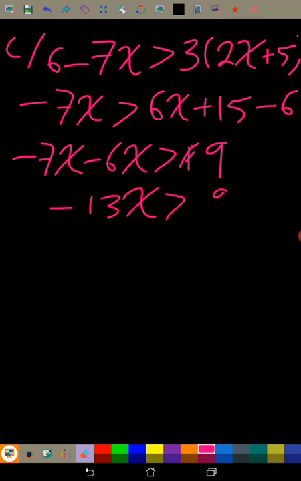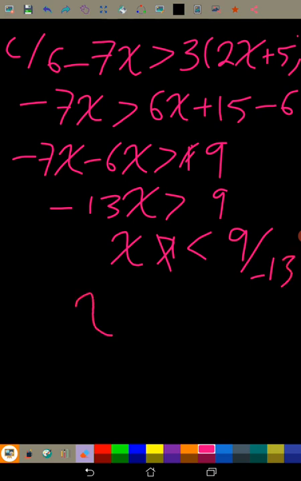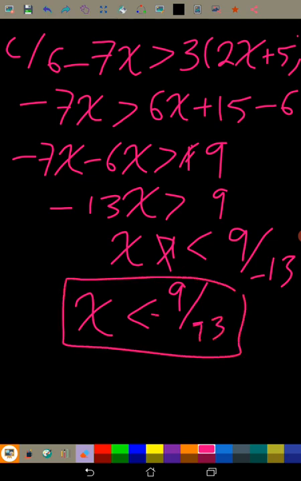And so it's greater than 9, but when we divide by -13 here and by -13 there, we're not going to have this, we're going to change the direction of the inequality, and we'll have 9 over -13. So the final answer is this. I can put it at the front, I guess. Alright, that's the final answer.